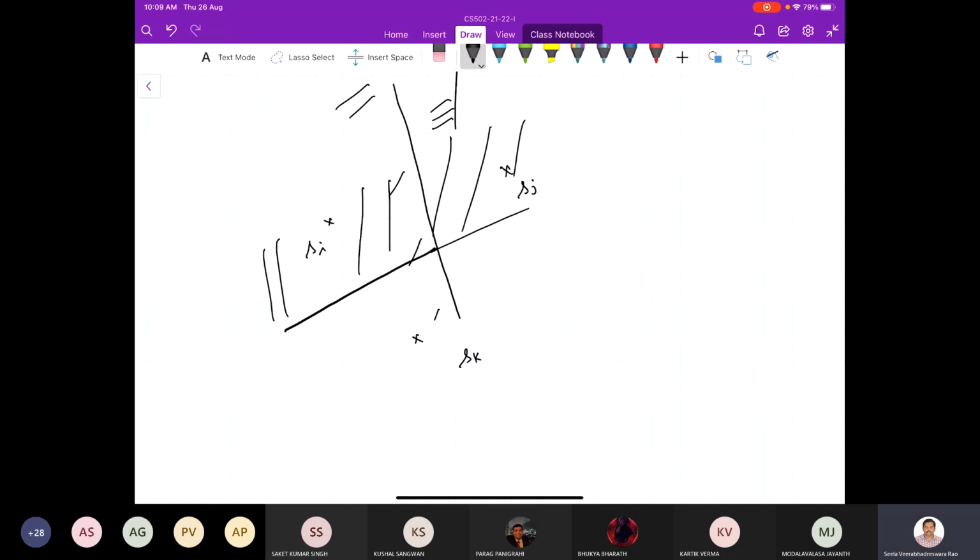So if you take the intersection of these two, that means this region, all the points here are closer to SI than SJ and SK. Agree? Yes, sir. Any questions here?